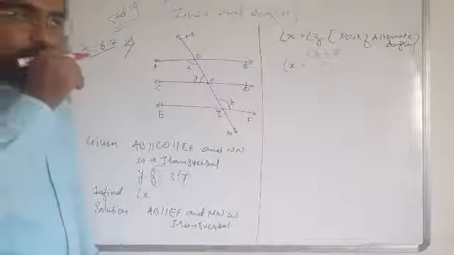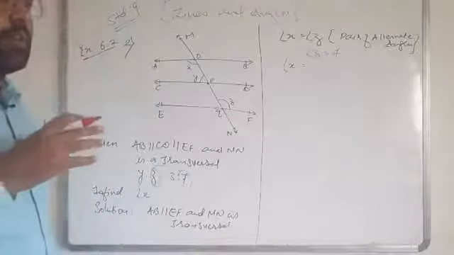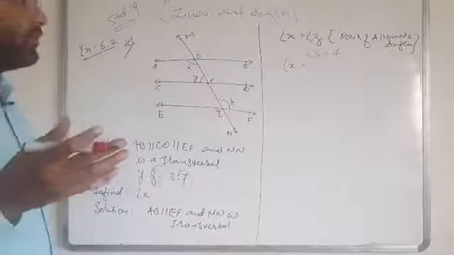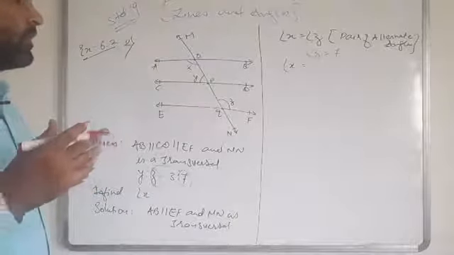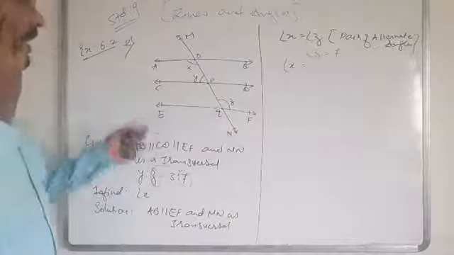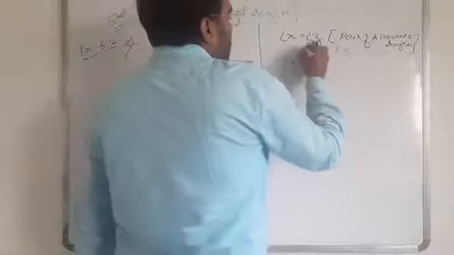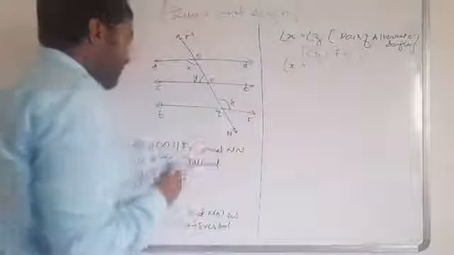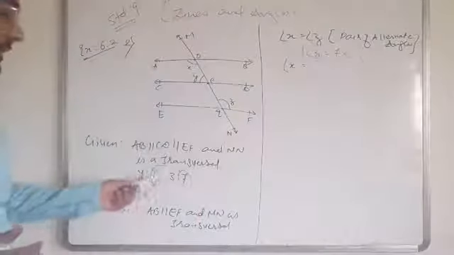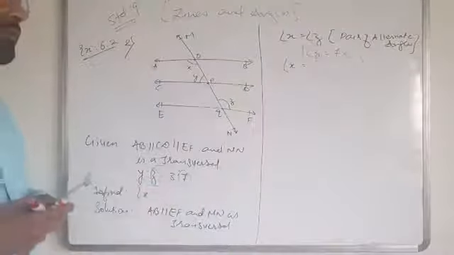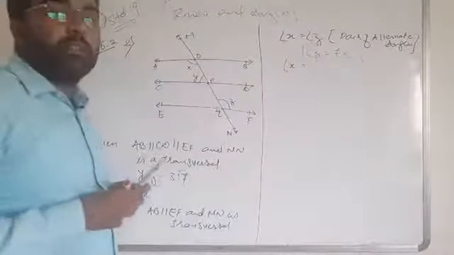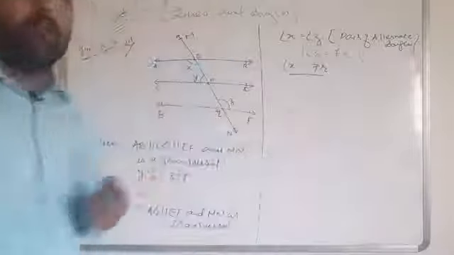So I'll take the constant variable R, and take Z as 7R. So the value of Z is 7R. Therefore my value of X is also 7R because X and Z are equal.